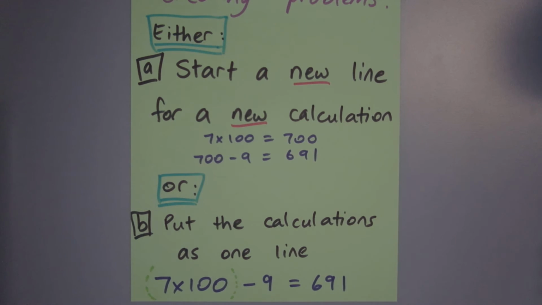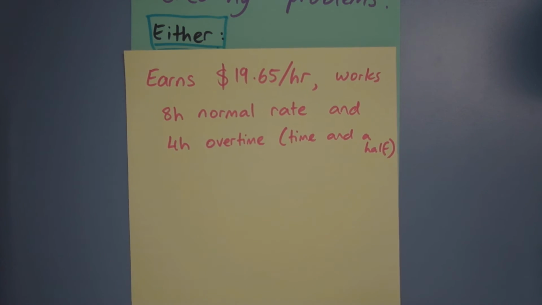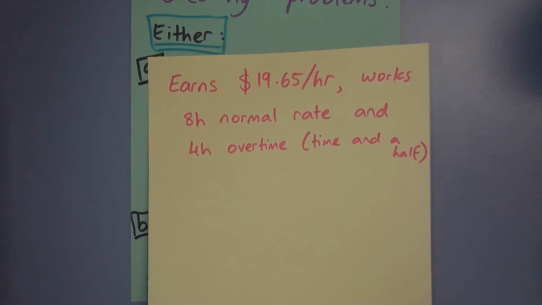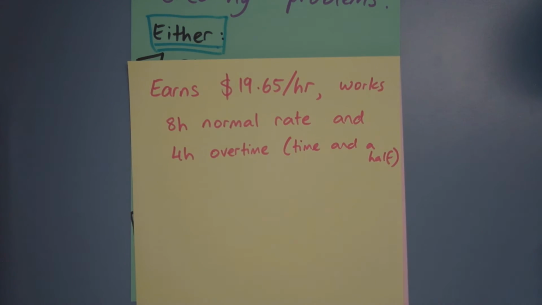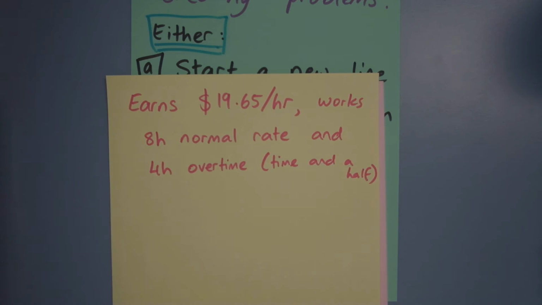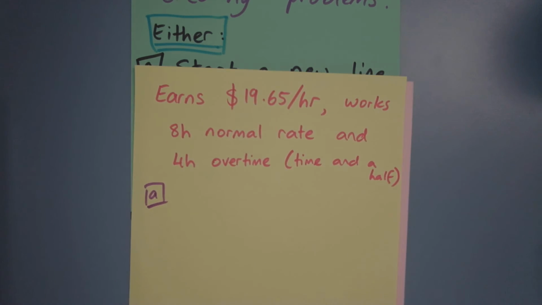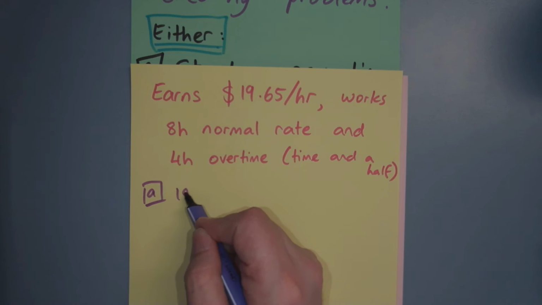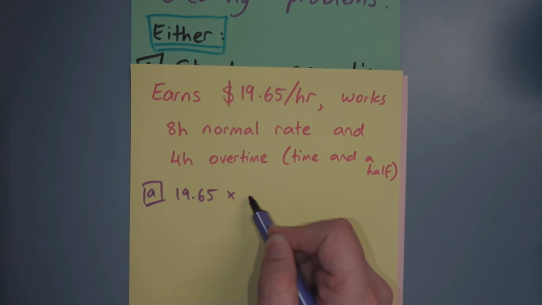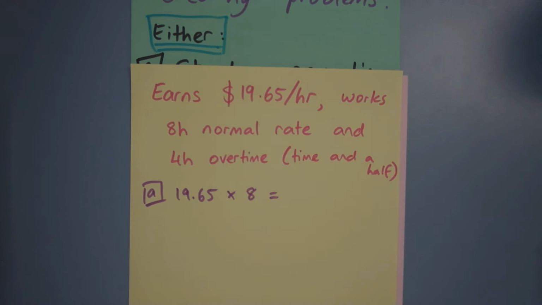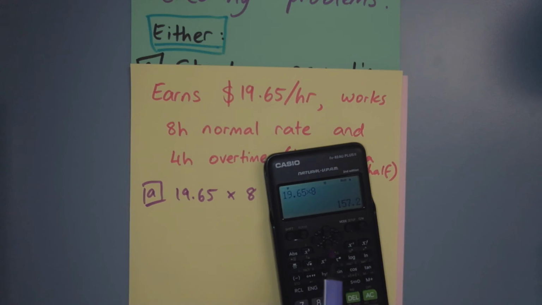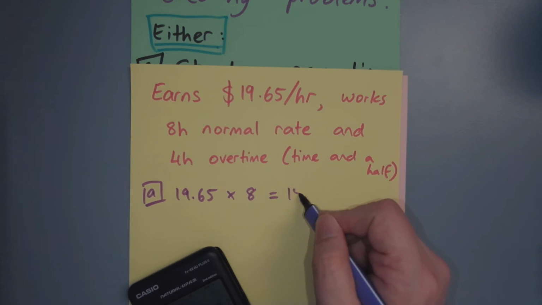So let me work through this question with you using both ideas. Idea A is starting a new line for every single one. So I've got $19.65 times the 8 hours of normal time, and that was $157.20.